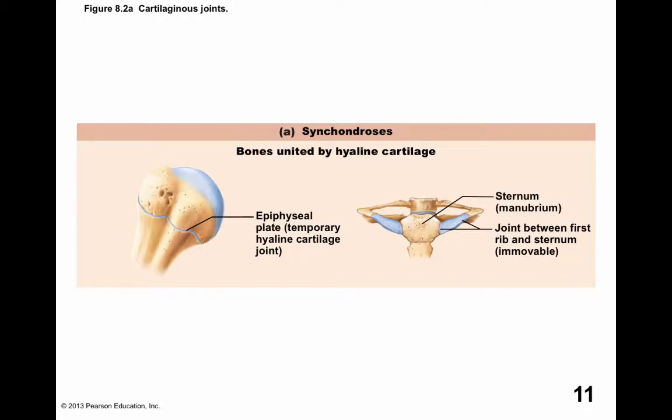This is giving you an example of two of those types of synchondrosis joints. You can see the epiphyseal plate, that's a temporary hyaline cartilage joint until 18 for female, 21 for male. Those are average ages, of course. And then you can see the joint located between the manubrium of the sternum and the first rib and the sternum there, right?